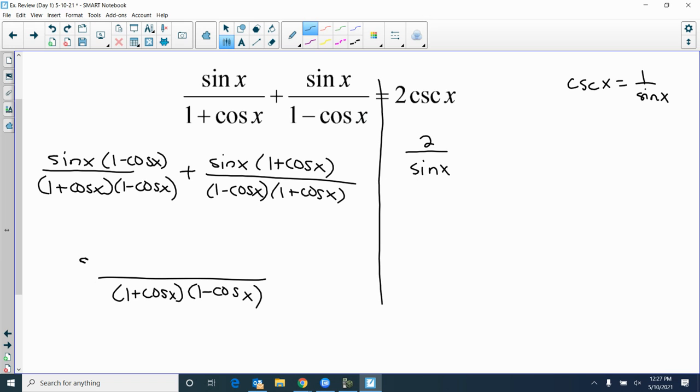Distribute your sine of x. So I get sine of x minus sine of x cosine of x, plus sine of x times 1 is sine of x, plus sine of x cosine of x.